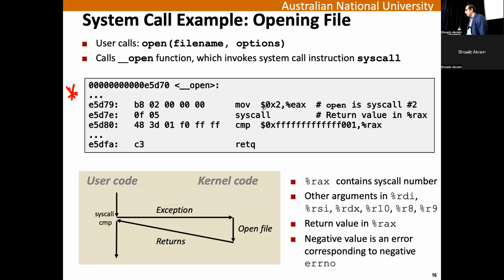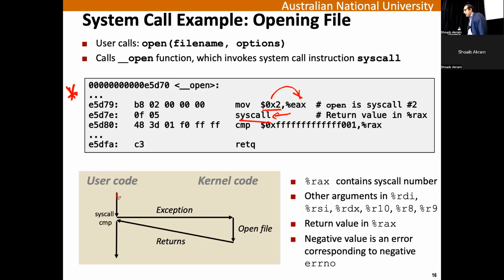The system call ID number you want to execute, you move it to the EAX register, and then you simply execute the syscall instruction. The rest of the work is done by the processor when it sees the syscall instruction.